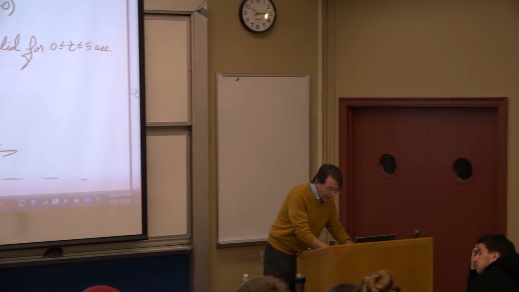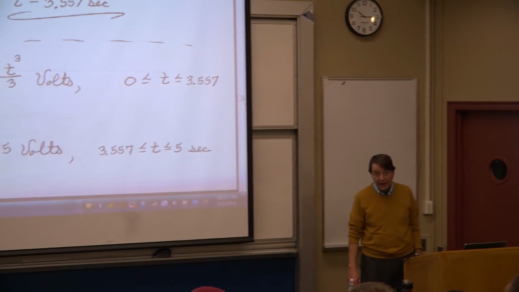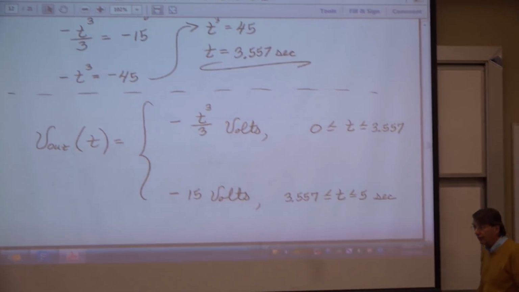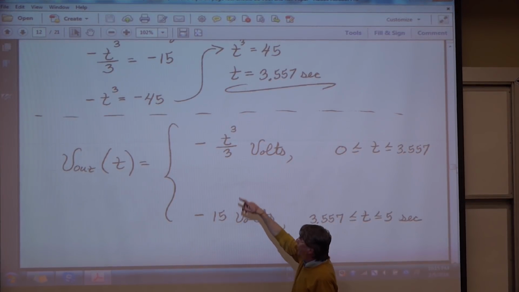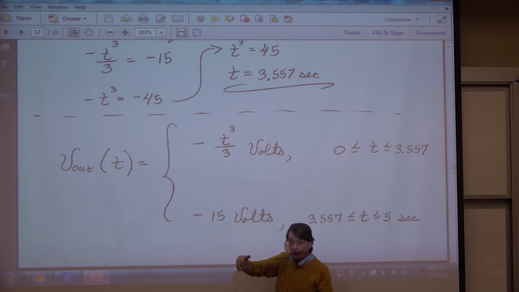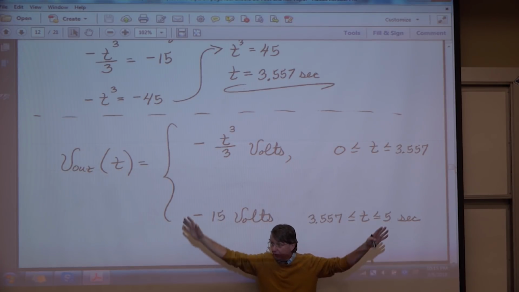How am I doing? So I say, good. How do we now get this? Look at this. Isn't this fancy? I think the math department would be proud of us. V out of t equals minus t cubed over 3. That's just the integral of the input. But when it gets to minus 15, it flattens out at minus 15. It stays there.